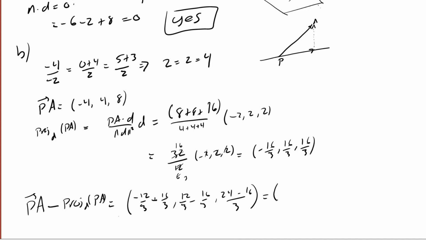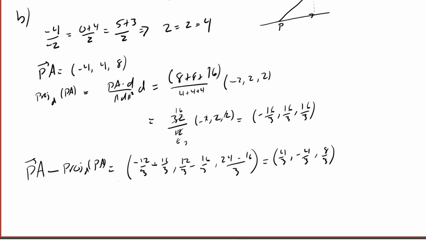All this to give me, so that's 4 over 3. That's minus 4 over 3. And I have, that's going to be 8 over 3. Okay, almost done. Now all I need is the norm of this vector.